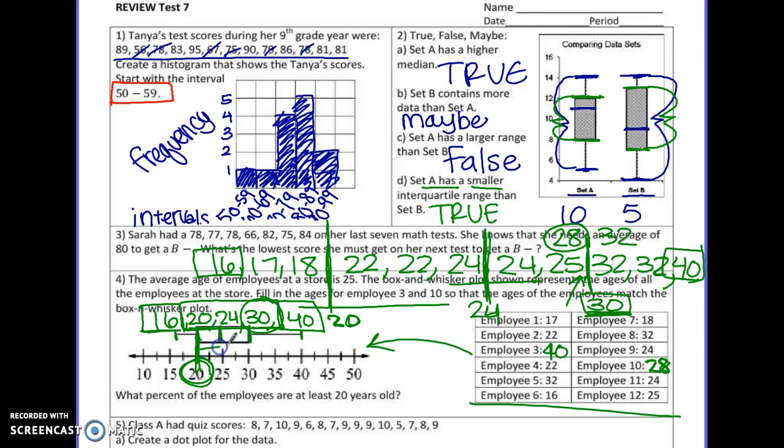So we have 1, 2, 3 quartiles. So it's 25% plus 25% plus 25%. That means 75% of the employees are going to be 20 years or older, because in box and whisker, each section is 25%.